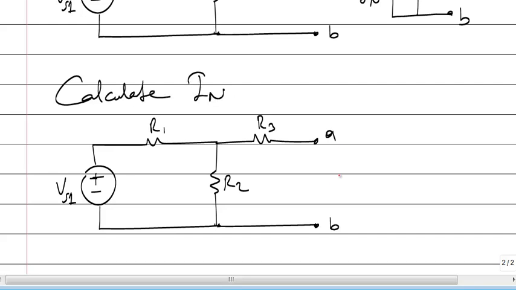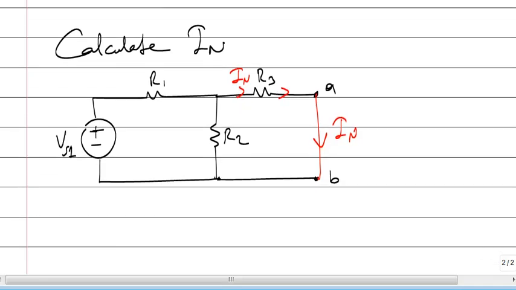For this, I will short points A and B, and I will calculate this current. This current will be equal to I Norton. What's that current? How can I calculate? This current is the current of this resistor, isn't it? I have to calculate the current of that resistor.